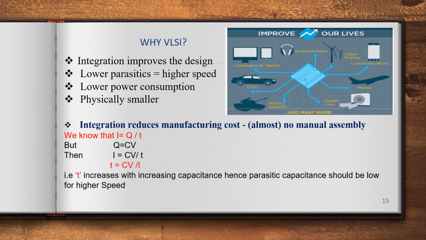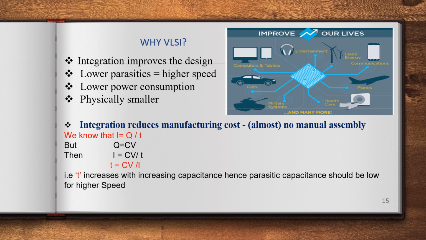If this parasitic capacitance is low, from this equation we know that I equals Q by T, no? And Q equals CV. So from these two equations we can write I equals CV by T, where T is the propagation time, so T equals CV by I. So if C is high and I is low, then what happens?